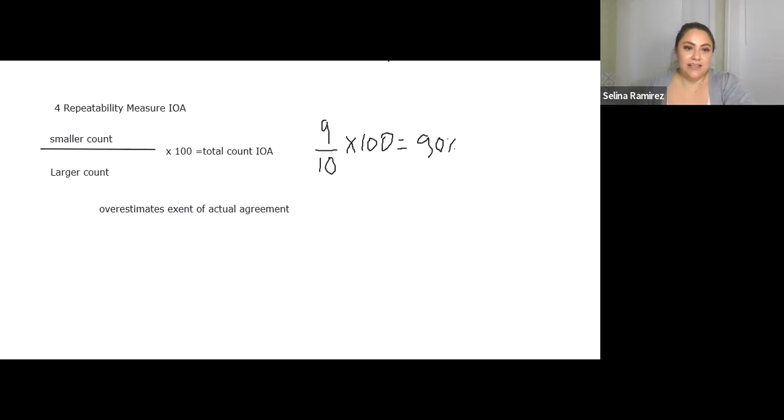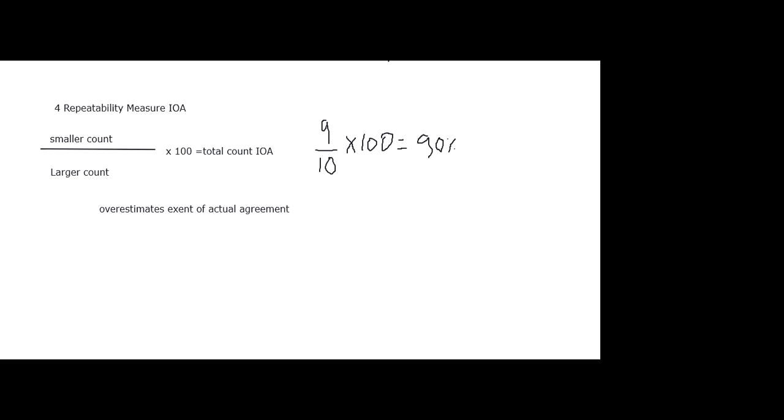Does anybody have any experience with total count IOA or want to add anything to that example? So that means it's a simple way. It's an easy and simple way, but it's not 100% dependable. You're not sure that both observers recorded the same instance.